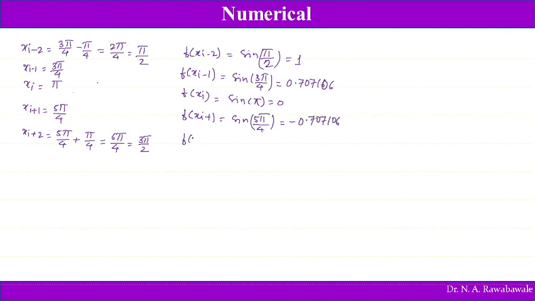Then f of xi plus 2 is equal to sine 3 pi by 2, which is sine of 3 into pi divided by 2, that is minus 1.